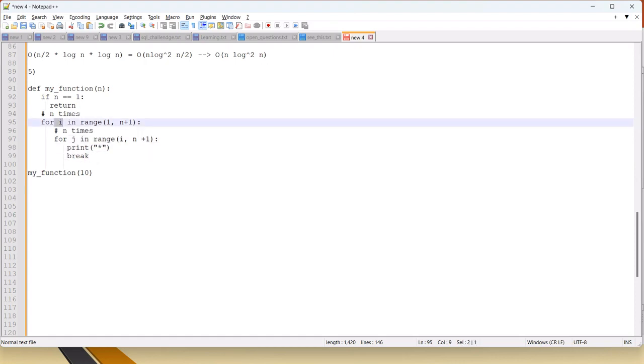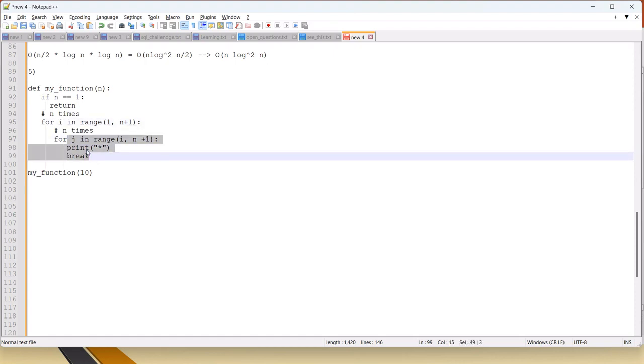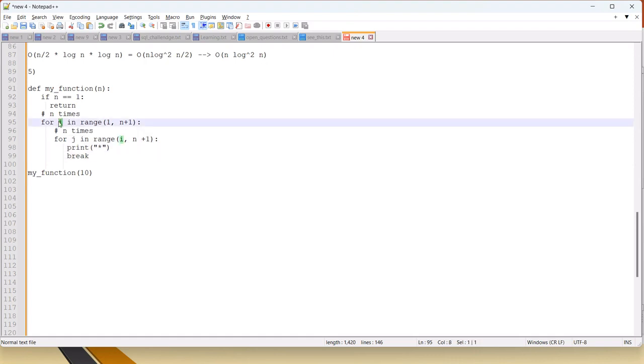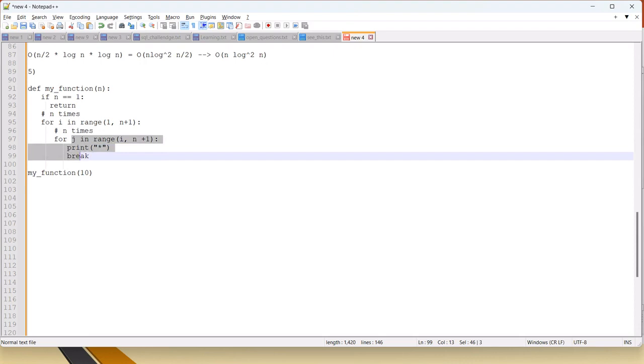So if i becomes 1, it will break. Then again it goes to this for loop, i becomes 2, it comes here, but it will break. It will run only once when i is incrementing.